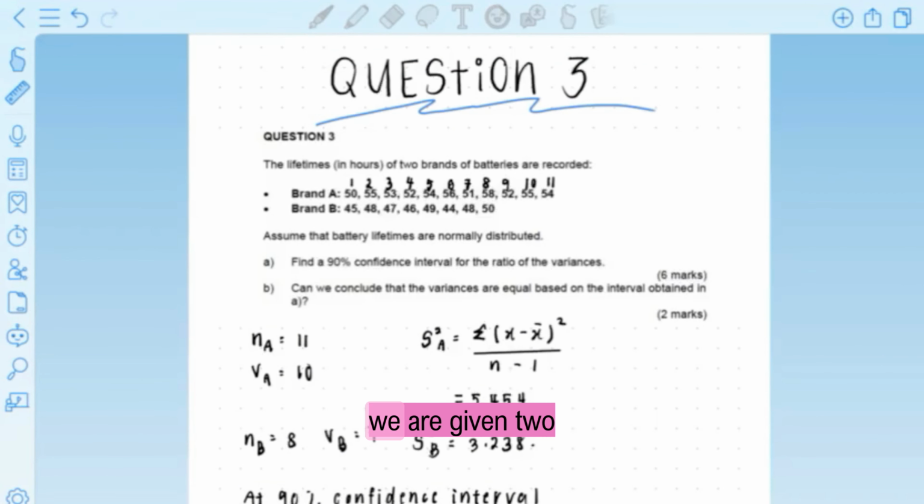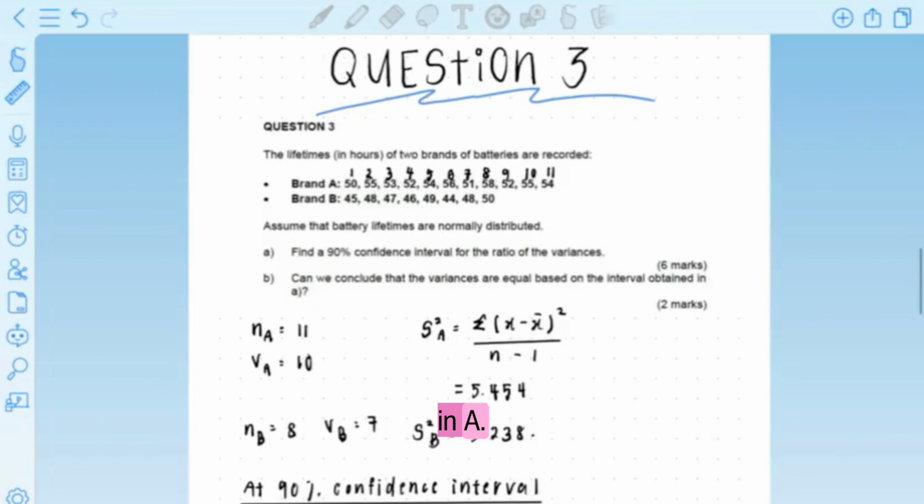So for question B, we are given two brands of batteries, brand A and brand B. The first question A, we need to find a 90% confidence interval for the ratio of the variances. And for question B, we need to conclude whether the variances are equal or not based on the interval obtained in A. So the first step is we need to list all of the information that were given in the question.